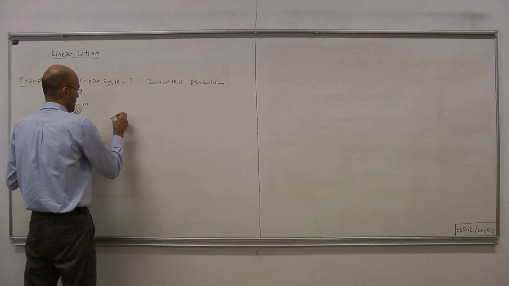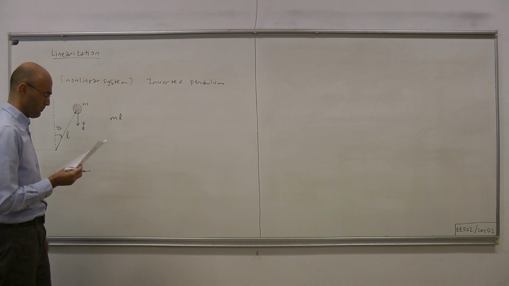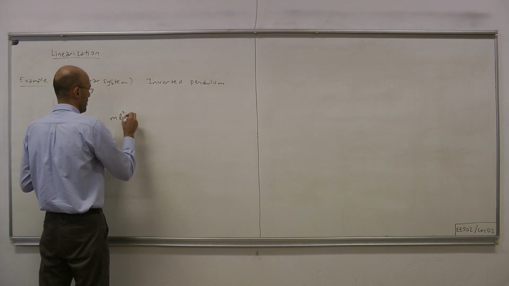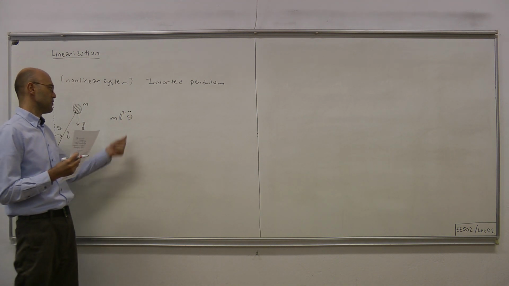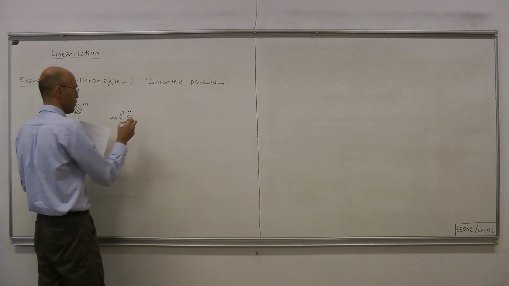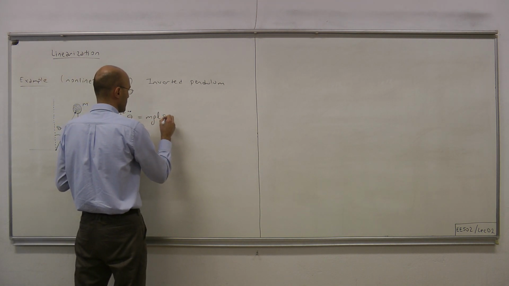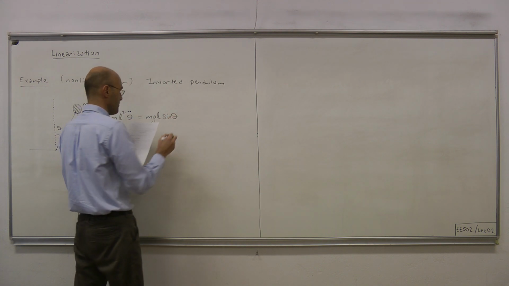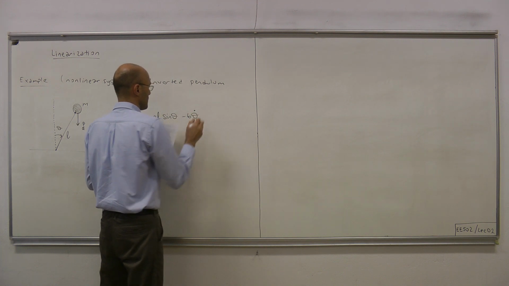So the second order differential equation describing the dynamics can be derived as M L squared theta double dot, this is angular acceleration, equals M G L sine theta minus B times theta dot.